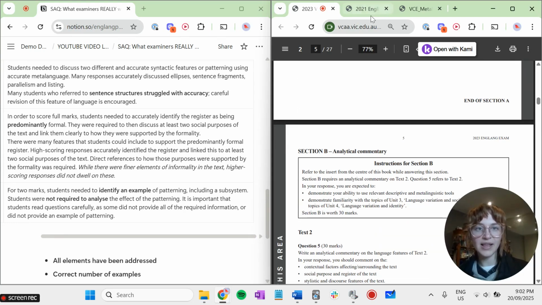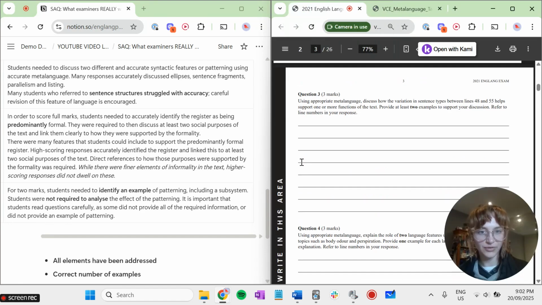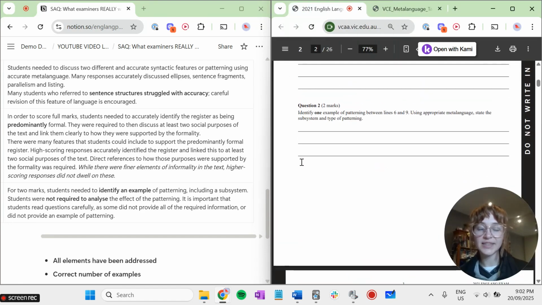Then, just quickly, one more in 2021. Question number 2 I wanted to talk about. Question 2: identify one example of patterning between lines 6 and 9 using appropriate metalanguage. So for 2 marks, students needed to identify an example of patterning, including a subsystem, and you did not need to analyze it. So this is another thing, know your command terms.